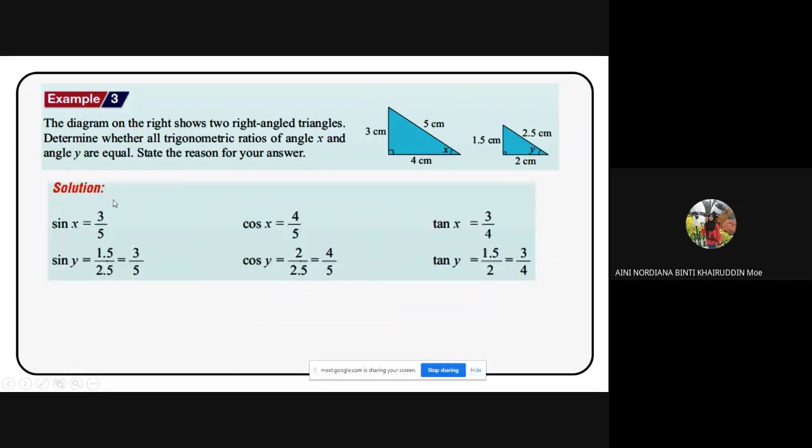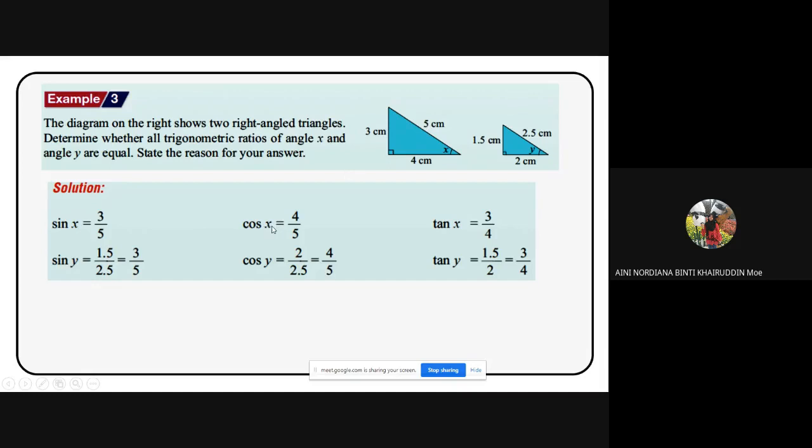So this is the solution. For angle x, sine x is 3/5. Remember, 3 is opposite, 5 is hypotenuse. So sine x is opposite, 3/5.